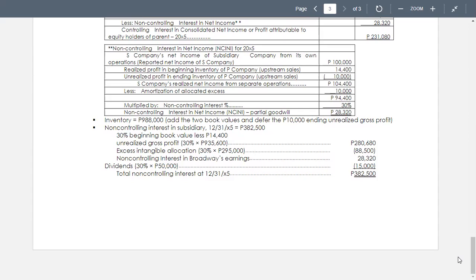So 700,000 minus 120,000 gives us 580,000. We added two book values. We deduct the cost of 120, subtract the intercompany transfer, and add the ending unrealized gross profit.